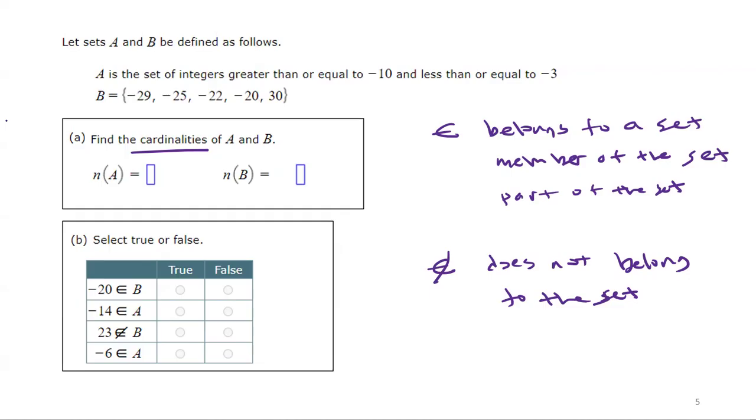The kid that was in the van at the very beginning, the sister counted him, but he wasn't Kevin, if you've seen Home Alone. But anyway, he does not belong to the family. Does not belong to the set. So that's represented by this slash. It looks like an E with a slash through it. All right, so go ahead and see if you can answer these questions.